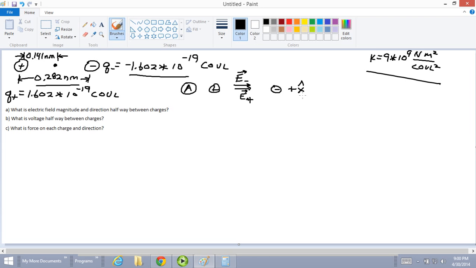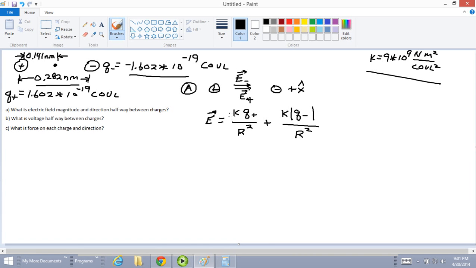Now that we've got the direction, we just need to figure out the magnitude. Well, the total electric field is just the sum of the two. The positive electric field is K, charge on the positive, over the distance from the positive charge to the halfway point, r squared, plus the negative contribution, which we know is in the positive direction, also divided by r squared.